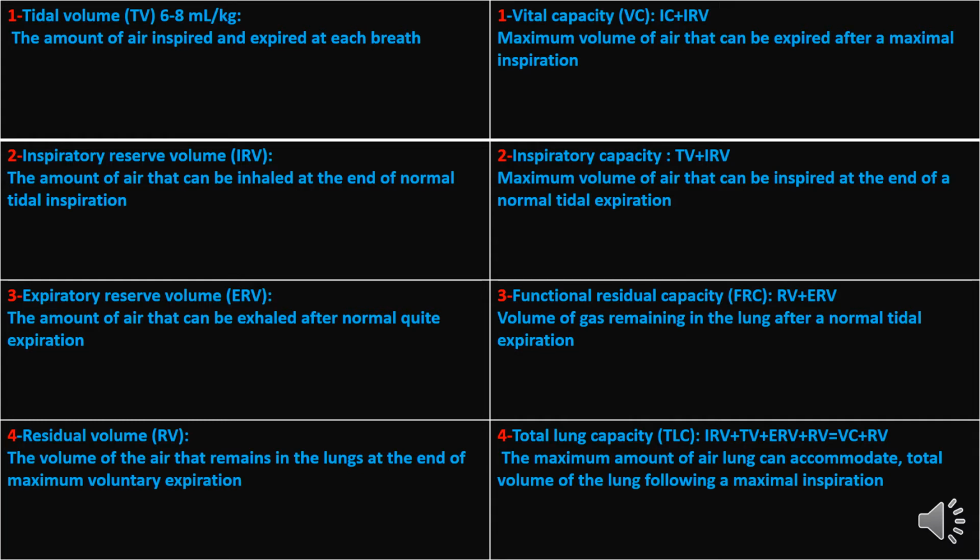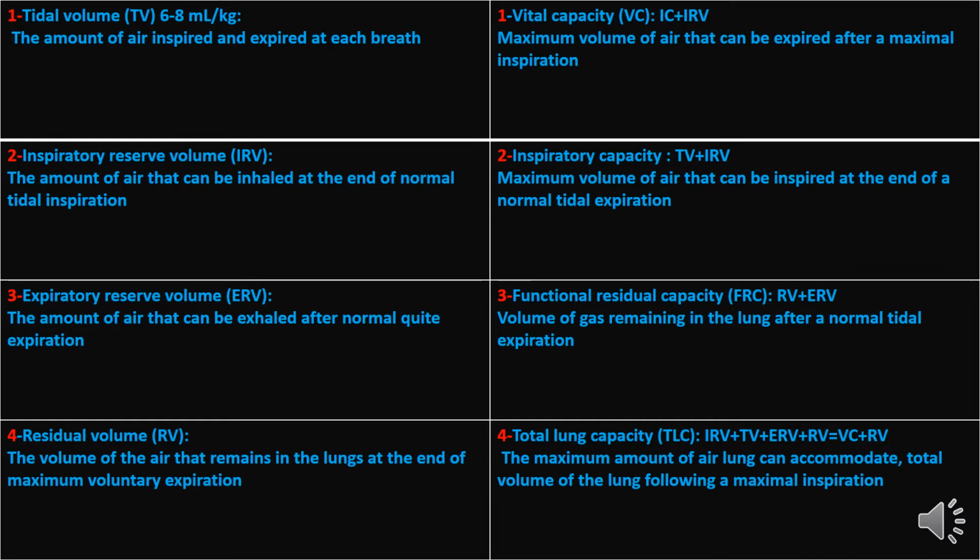Then you can calculate. Same here, when we combine 2 or 3 volumes, it will be the capacities. So this is the difference: volumes are measurable and capacities are calculated, not measured.